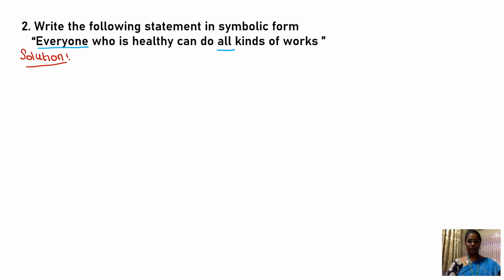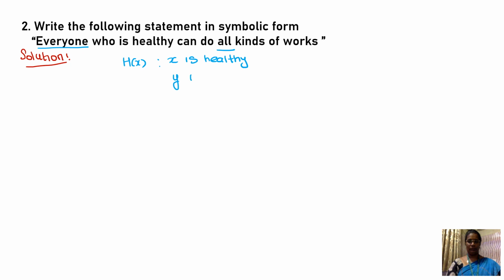Let us write the propositional functions. Here we can consider x is healthy, which I can mention as H of x, and I am also able to identify that y is a kind of work.